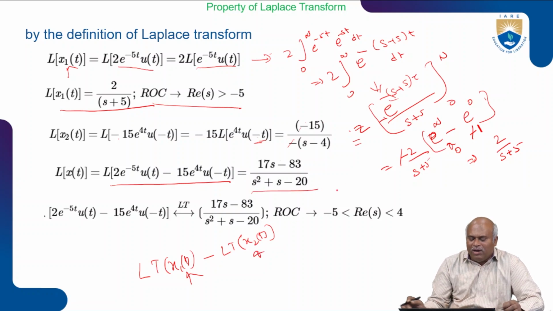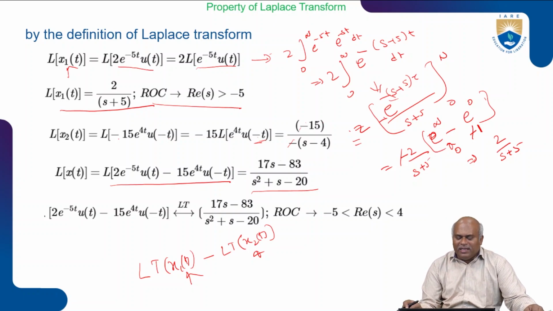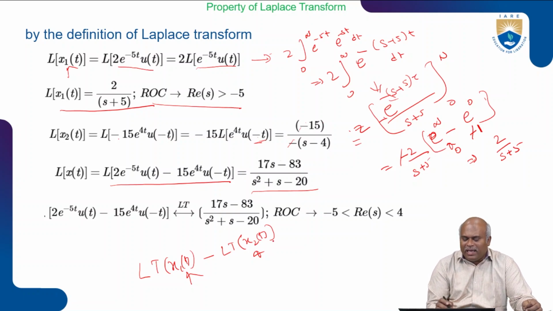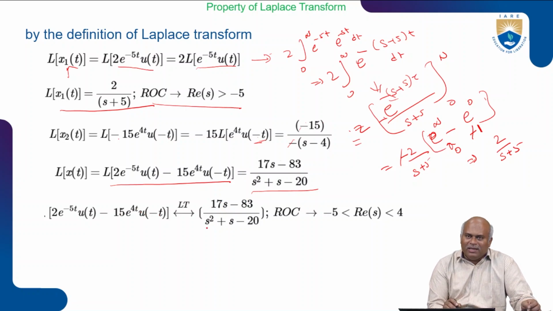Finally, we got the output 17s minus 83 divided by s square plus s minus 20. So the Laplace transform of 2 e power minus 5t u of t minus 15 e power 4t u of minus t equals 17s minus 83 divided by s square plus s minus 20. The ROC is from minus 5 to plus 4.